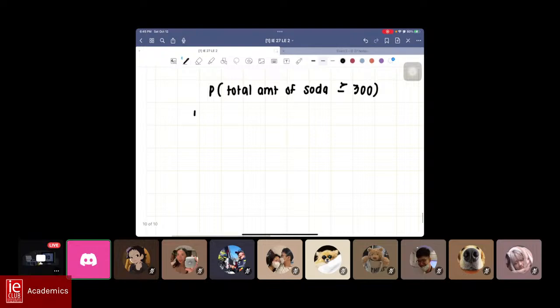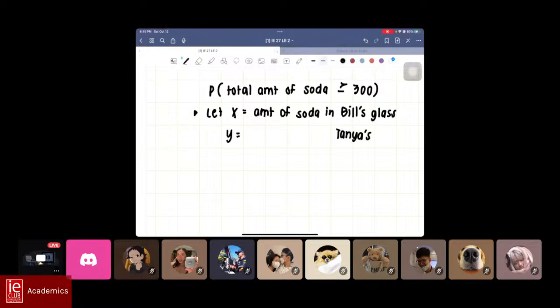So if we let x be equal to the amount of soda in Bill's glass, and y is equal to the amount of soda in Tanya's glass, we can rewrite it into the probability that x plus y is greater than or equal to 300.